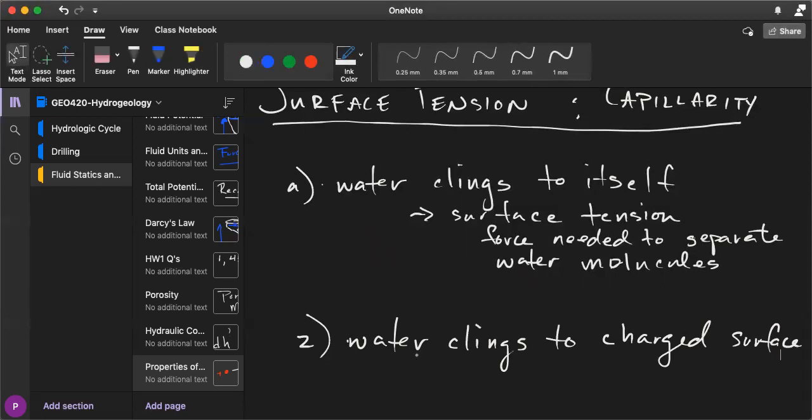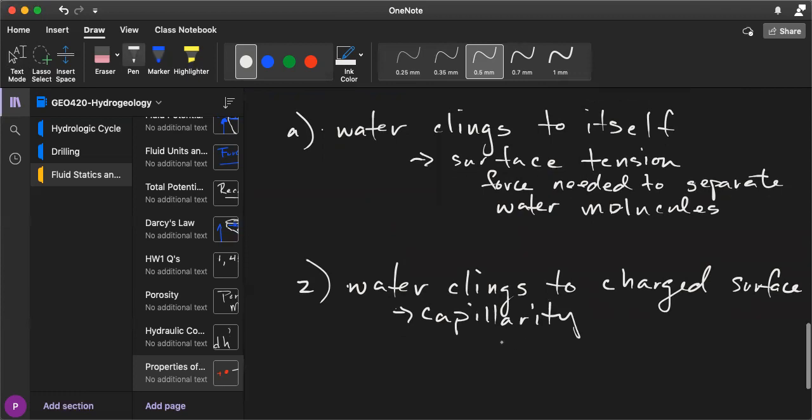But as long as that surface has a charge, the water's going to want to hang out next to that surface. And that drives a process called capillarity, which is essentially the attraction of water to a surface.